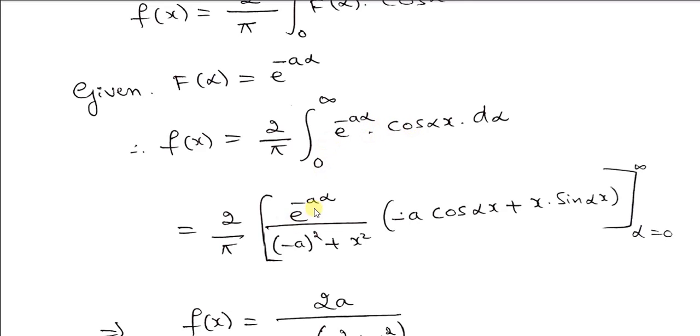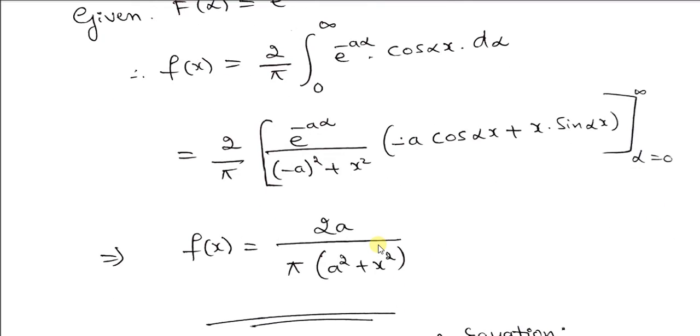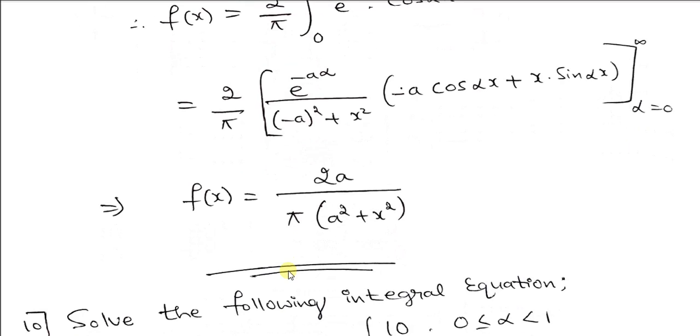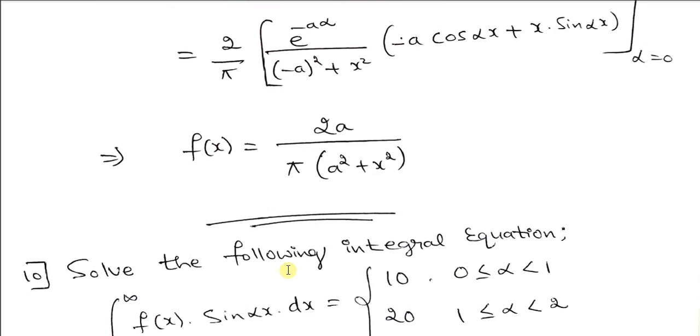The formula is e power ax by a square plus b square, a cos bx plus b sin bx. The value of a is minus a and the value of b is x because we are integrating with respect to alpha. Simplify, with upper limit infinity and lower limit 0. So the answer is 2a divided by pi into a square plus x square. This is the required answer for f of x.